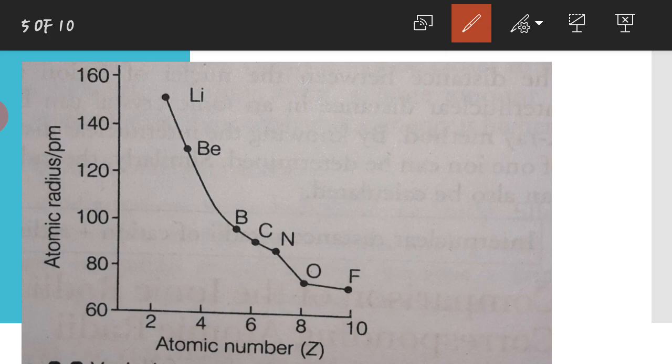In this diagram, atomic radius is in pm, which means picometer. This graph is plotted atomic number versus atomic radius.